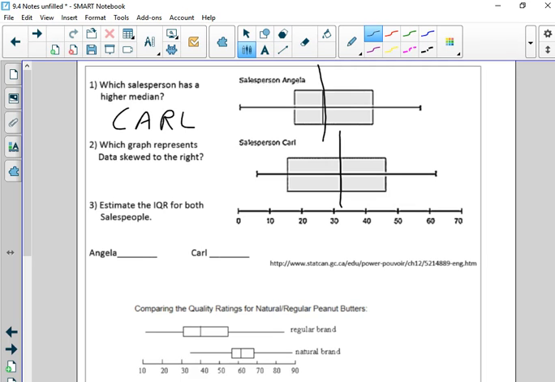Which graph represents data skewed to the right? It's Angela. See how the median's down here a little bit? The box is bigger. Okay.